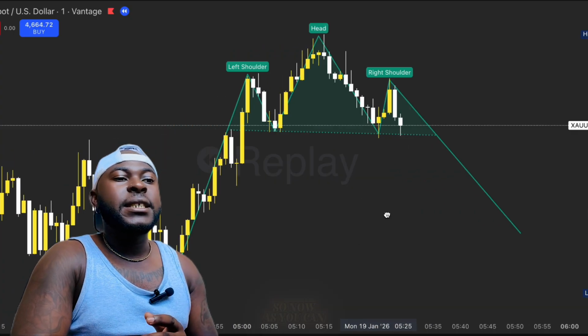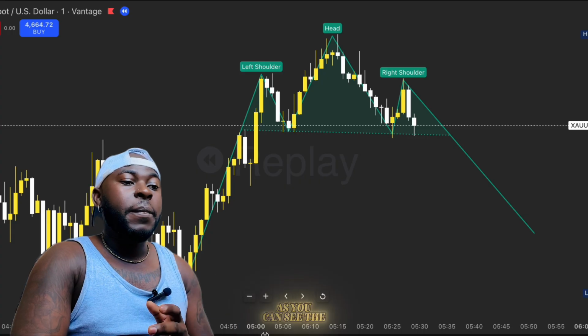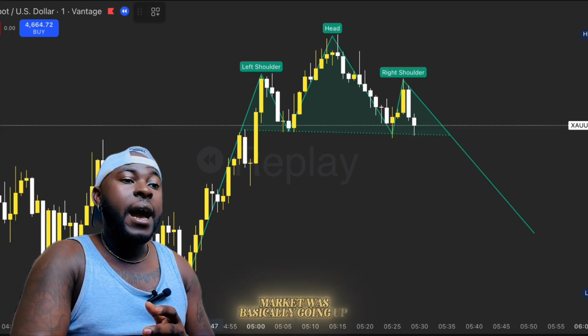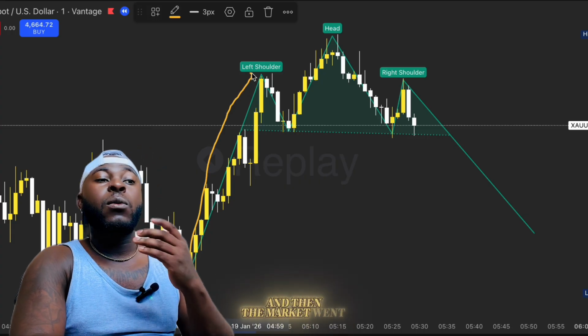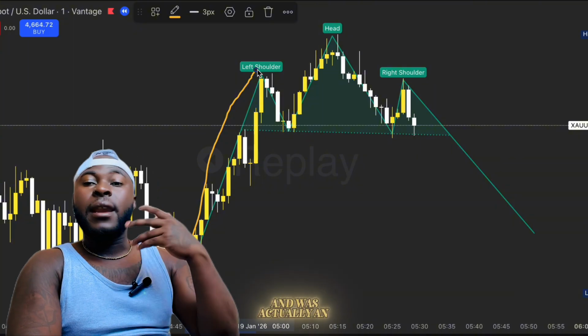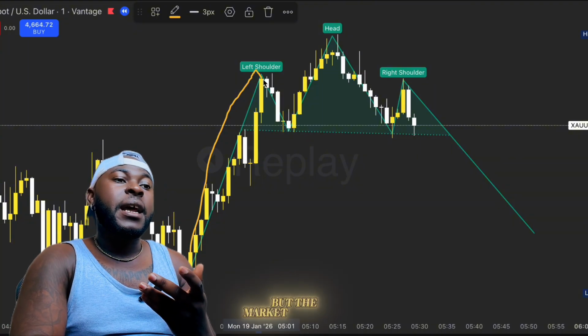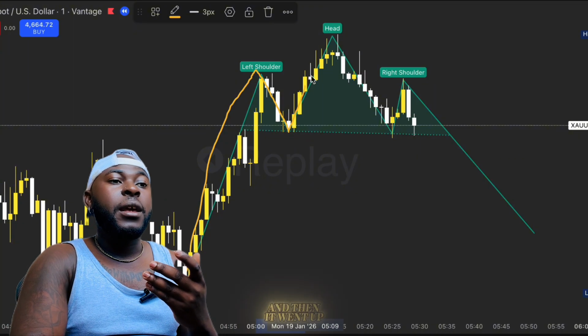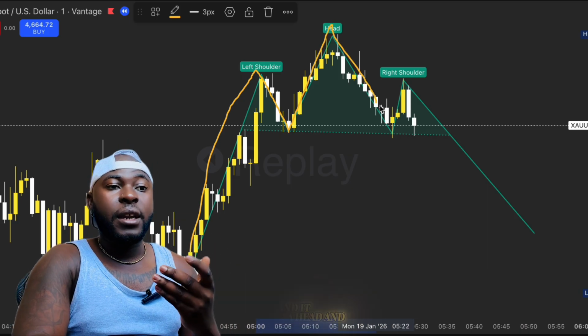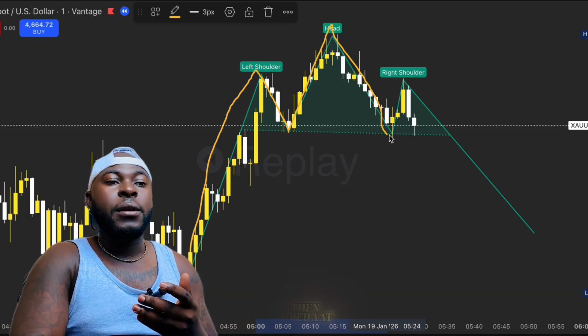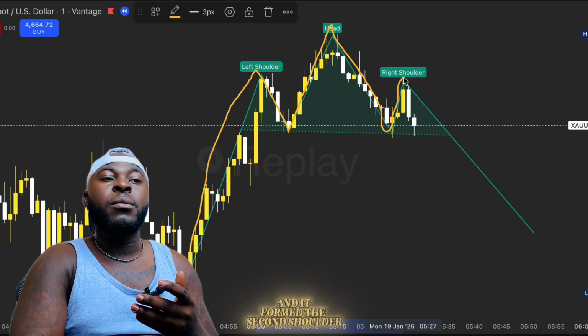Now, as you can see here on the chart, the market was going up, right? It was an uptrend, but the market formed the first shoulder, and then it went up and formed a head and came down. Then it formed a low at the neckline and went up again and formed the second shoulder, right?